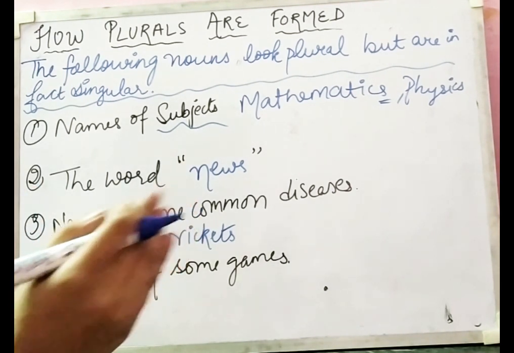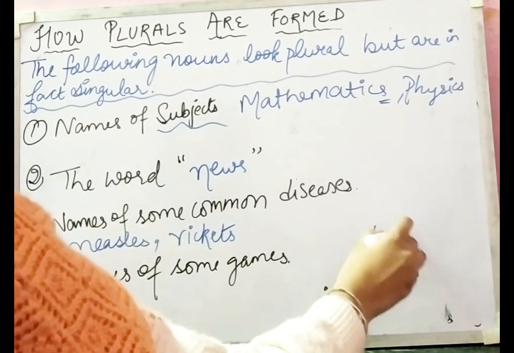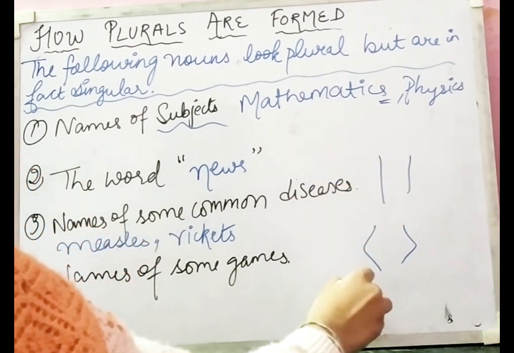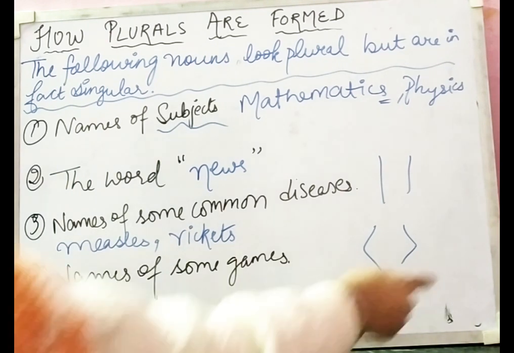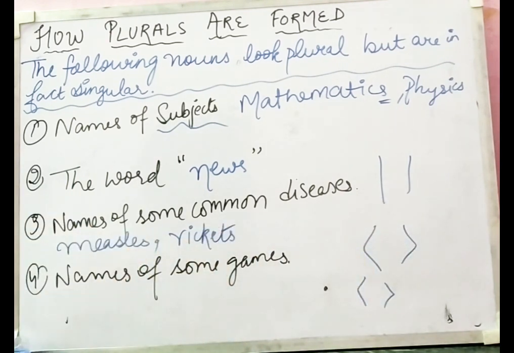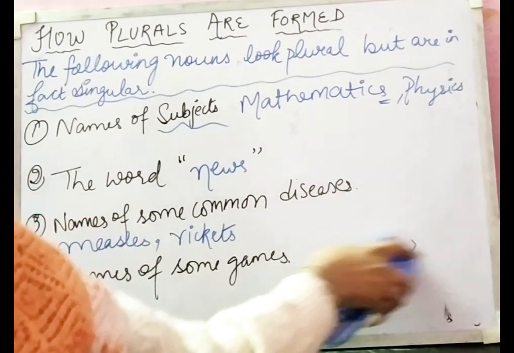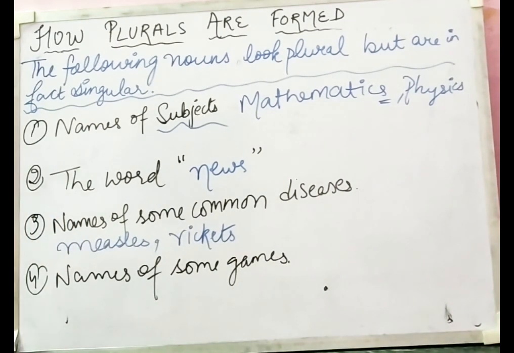Small children, if they don't get proper sunlight, get rickets. Their legs will not be straight, their legs will be in a little bent shape. So this disease is known as rickets, which is caused due to the deficiency of sunlight. Okay, this is mainly in children.